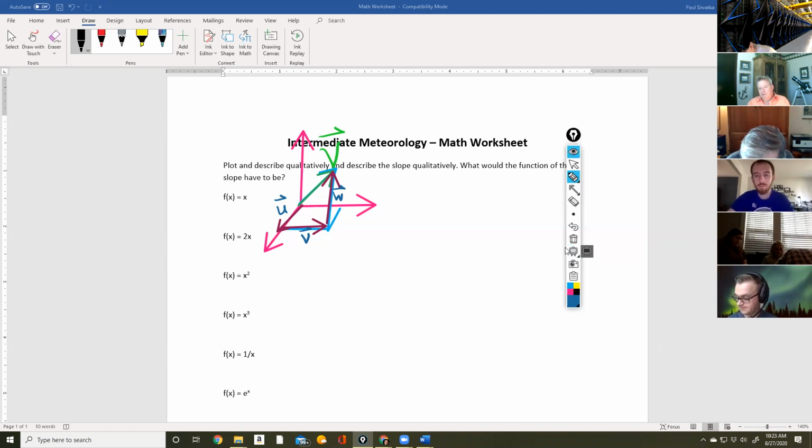Is it breaking into two-dimensional components? No, a three-dimensional vector broken down into its single-dimensional components. Zonal is a single dimension, X. Y is a single dimension, meridional. And W is a single component, vertical. That's what that means.